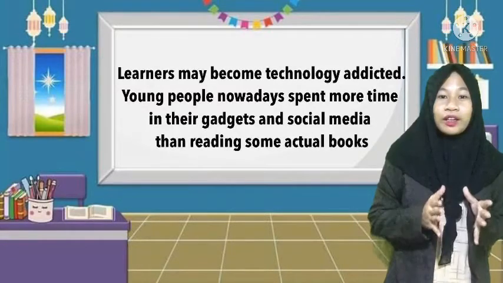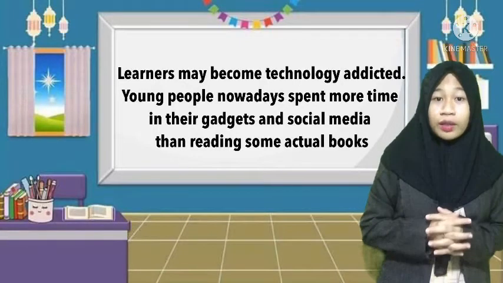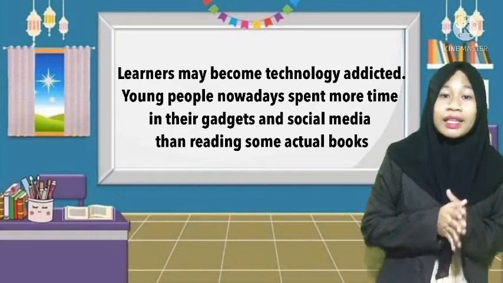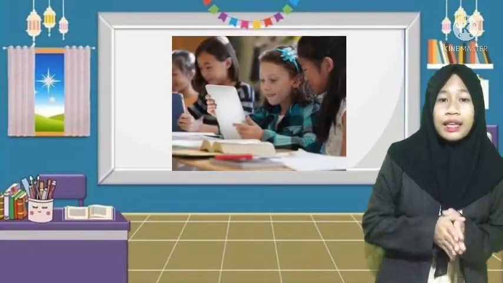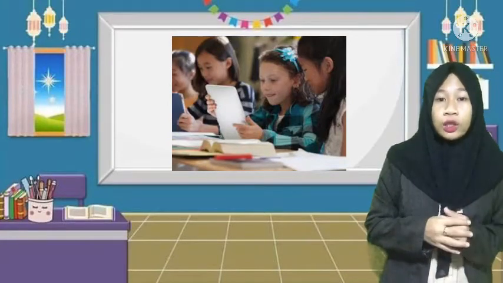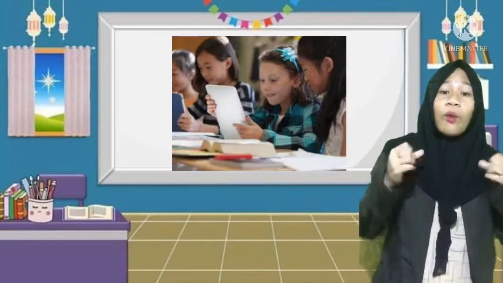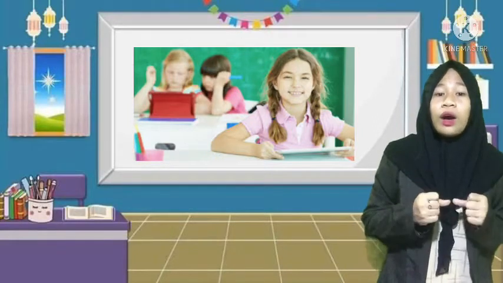Learners may become technology addicted. Young people nowadays spend more time on their gadgets and social media rather than reading actual books. The challenge for facilitating them is that they may be distracted by using digital tools while they are in the middle of learning their lesson, and they want quick feedback on their performance.